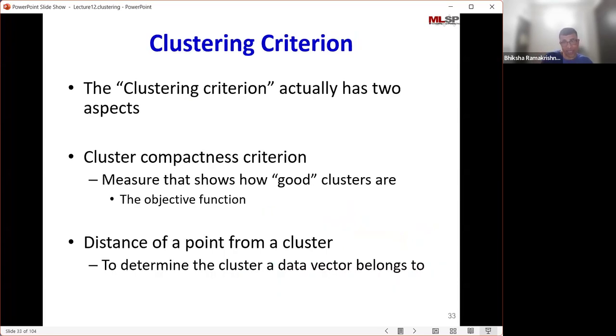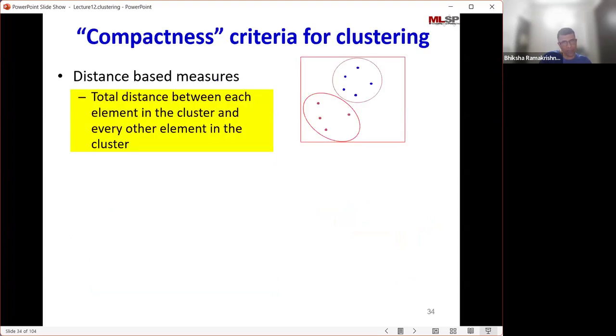The clustering criterion actually has two aspects. There's a cluster compactness criterion, which measures how good clusters are, how compact they are. And the second is a distance of a point from a cluster, which tells you how far any data point is from a given cluster. So here are some compactness criteria.